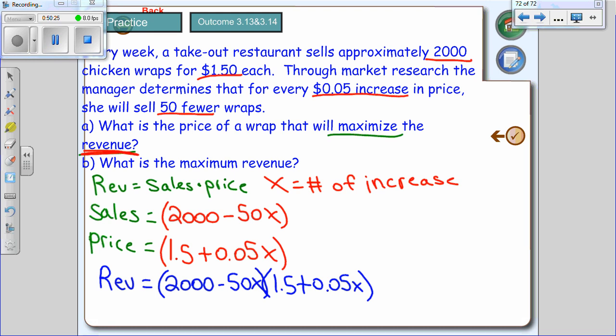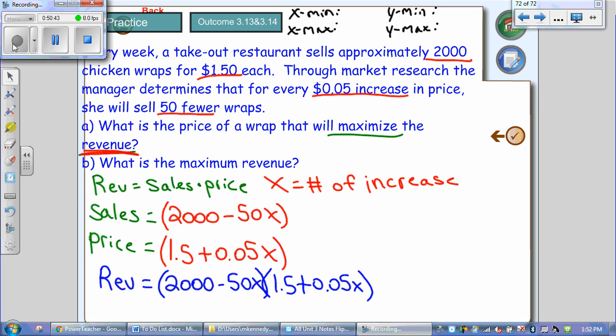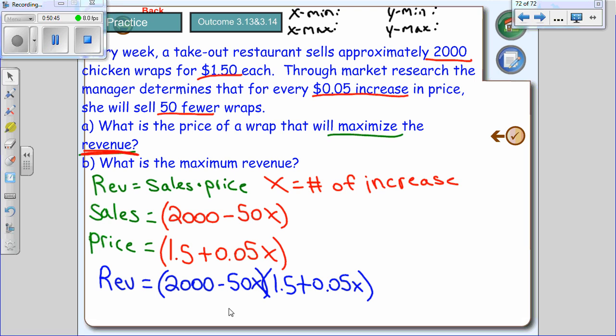My X minimum. In this question, what is X? What does X represent in the questions? The 0 is a great answer for X minimum, but what does X represent? X is the number of increases.